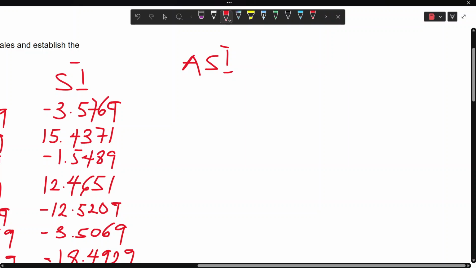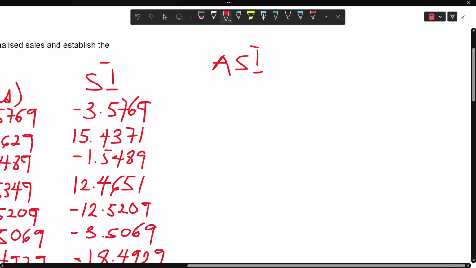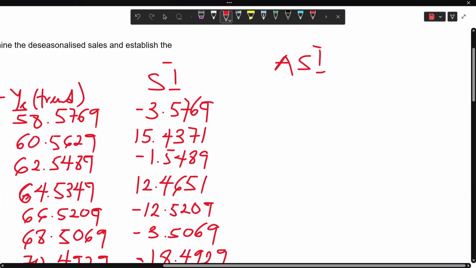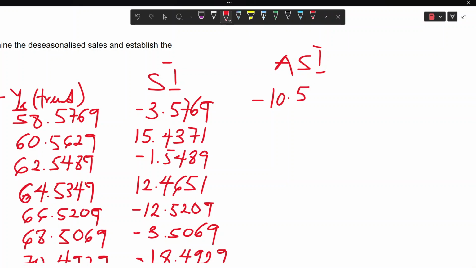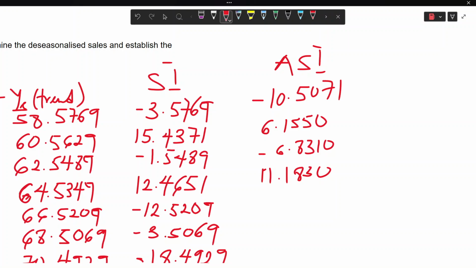So for the adjusted or the average seasonal index for the first quarter, we had -10.5071, 6.1550, -6.8310, 11.1830.